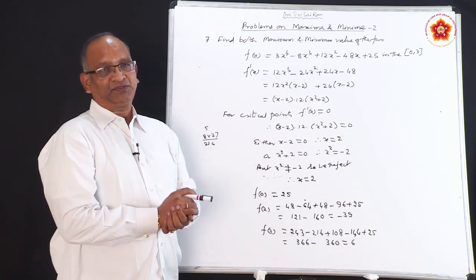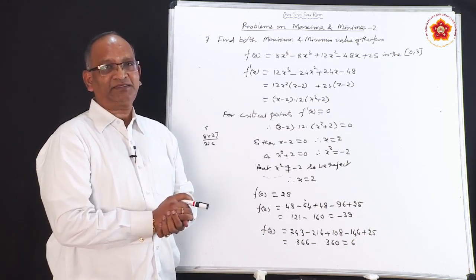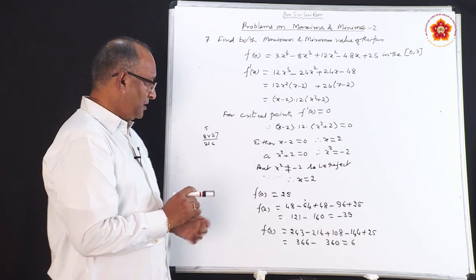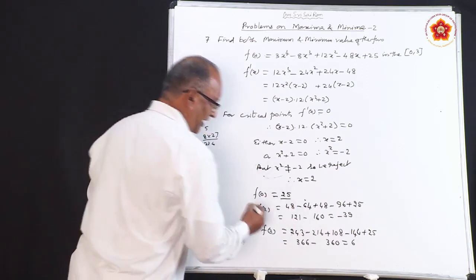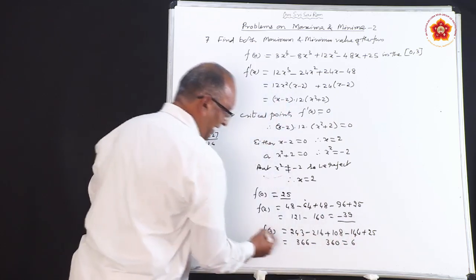Compare these values, find out which is the least and which is the most. So, 3 values which we got are f(0) is 25, f(2) is minus 39, f(3) is 6.